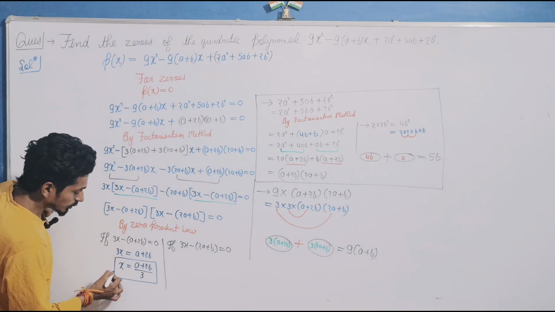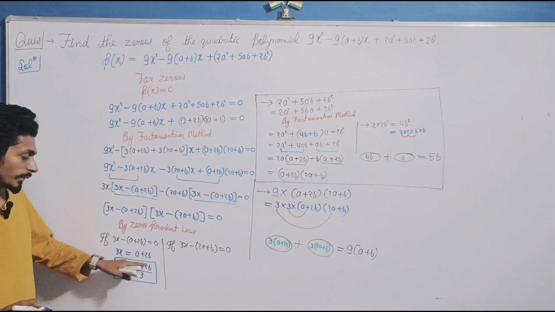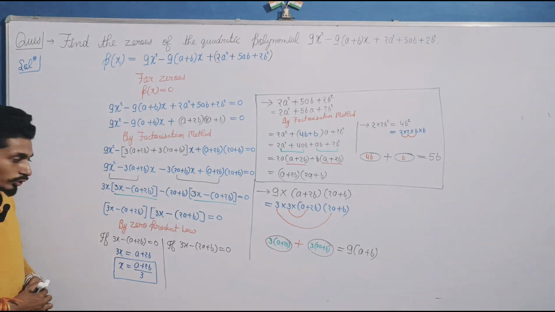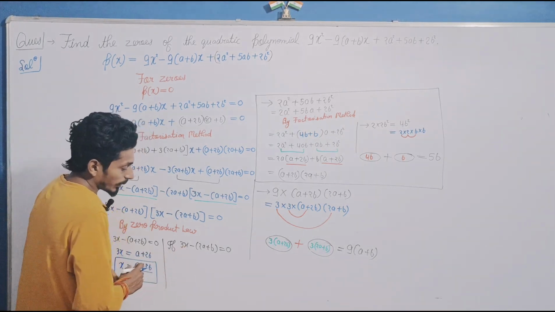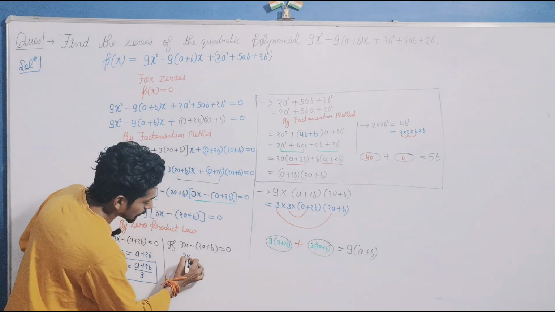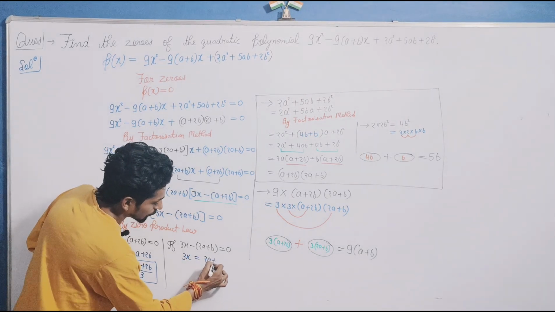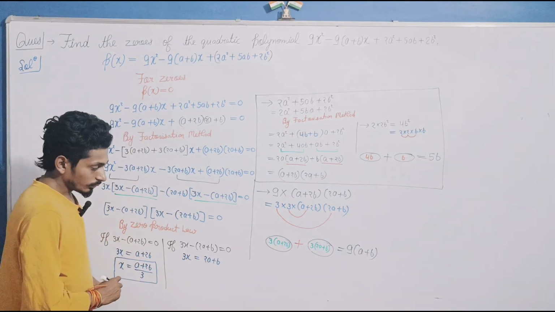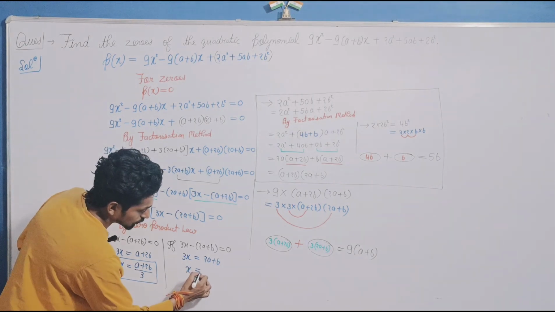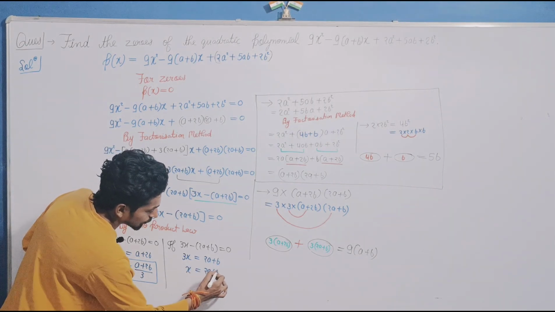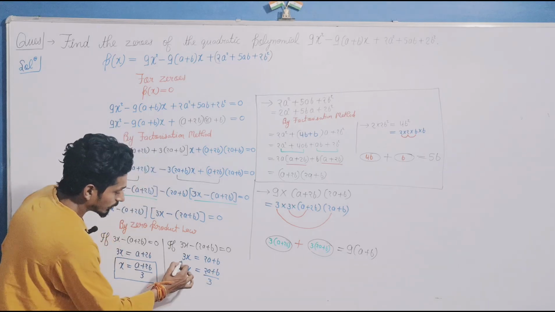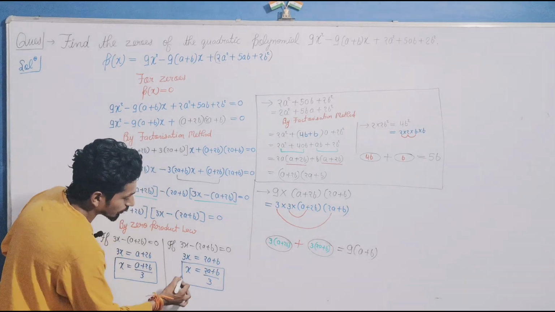Then we get our first zero, that is (a plus 2b) upon 3. Yes or no? Similarly, if we apply the transposition rule, then we get 3x equals (2a plus b), okay? And x equals (2a plus b) upon 3. This is our second zero.